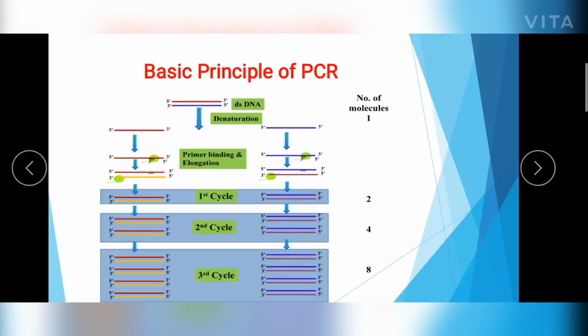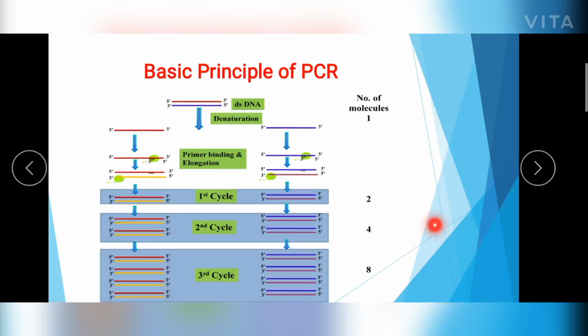And if you see this picture, at the start of the reaction you will have a single double-stranded DNA molecule. In the first cycle the number has increased, doubled to two molecules, the second cycle four, third cycle eight.